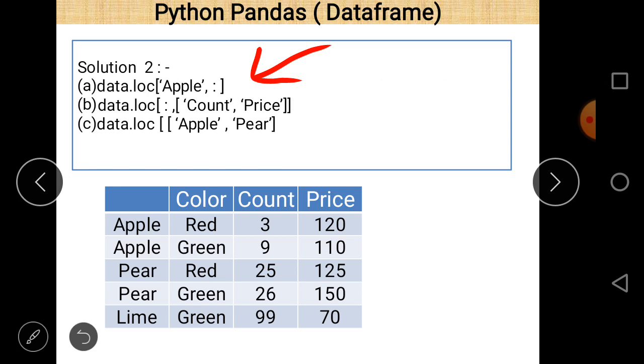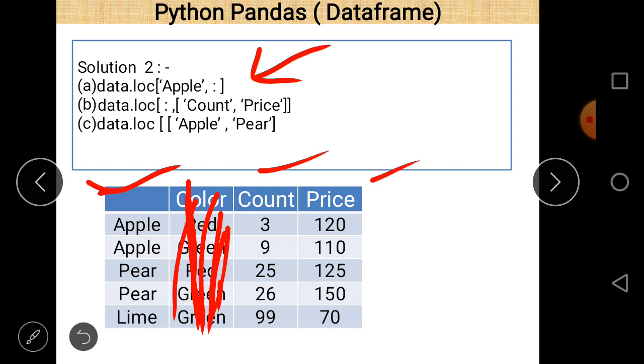And after the execution of that statement, the portion that is crossed is not printed and the rest will be printed. It means this is the final answer, because only two columns, count and price, will be selected here, and all rows will also be selected.